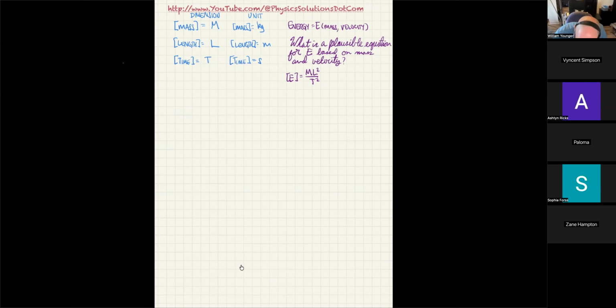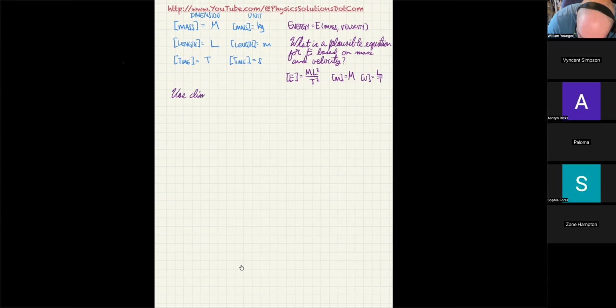I also have to tell you that the dimension for mass is capital M, and the dimension for velocity is length per time, so that's L over T. Let me show you how to use dimensional analysis to derive a formula for E.